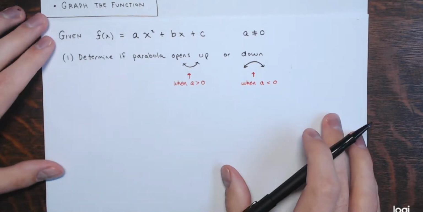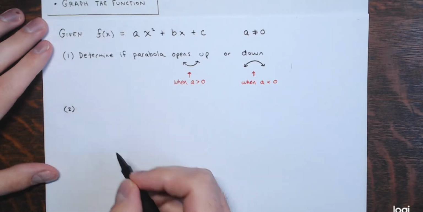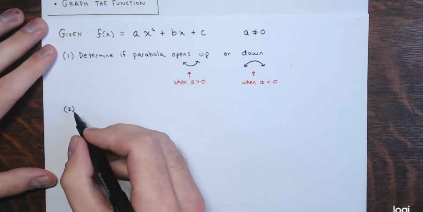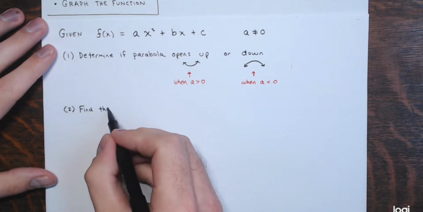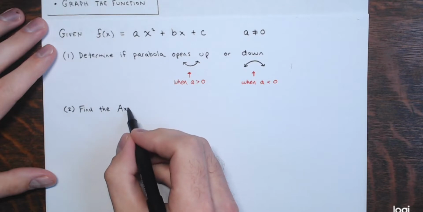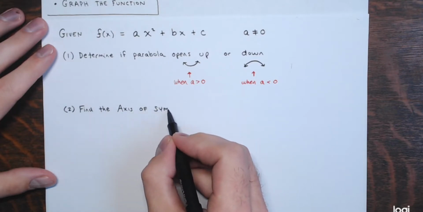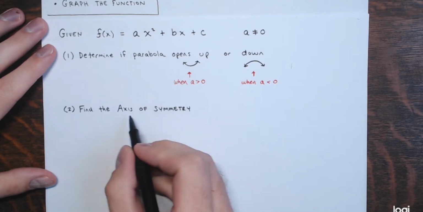Next, I'm going to find the axis of symmetry for the parabola. This has been brought up in a previous video.